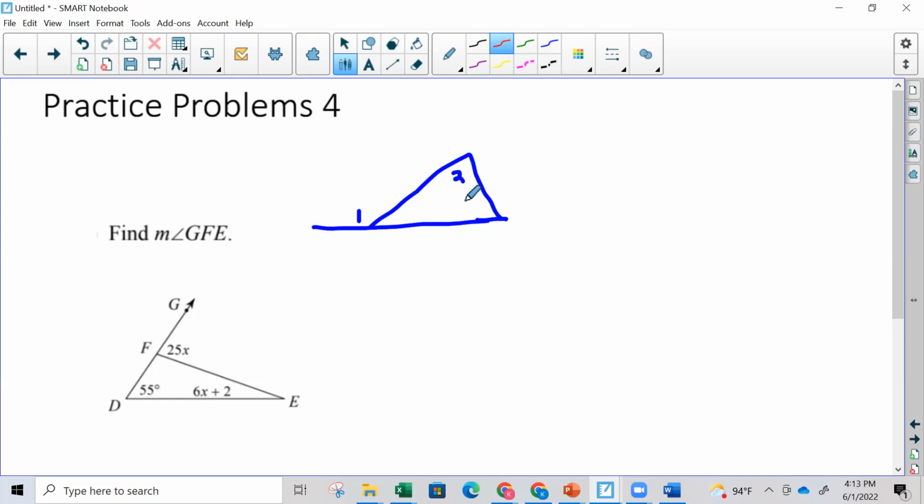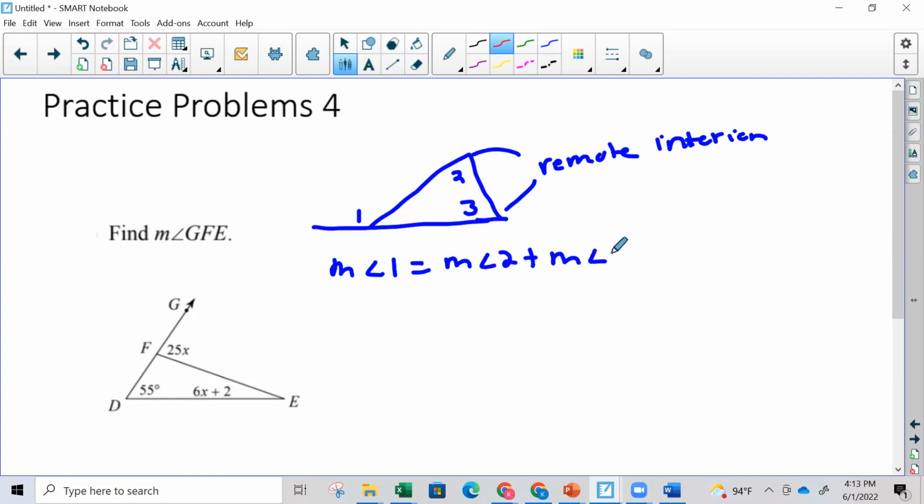I'll just use numbers, that we said this exterior angle, so the measure of angle 1, is equal to the sum, and these were called the remote interior. Okay, so that measure of angle 1 is equal to the measure of angle 2 plus the measure of angle 3. And this was the exterior angle theorem.